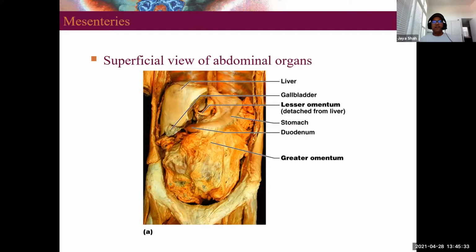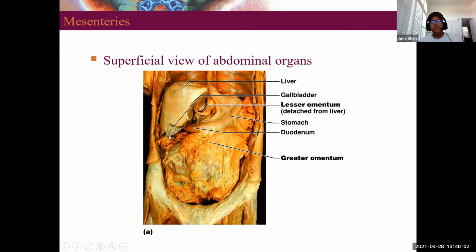Here is some of the ventral mesentery and dorsal mesentery. So here, from the lesser curvature of the stomach the mesentery is coming, and attached to the dorsal side here, and then there is the liver.